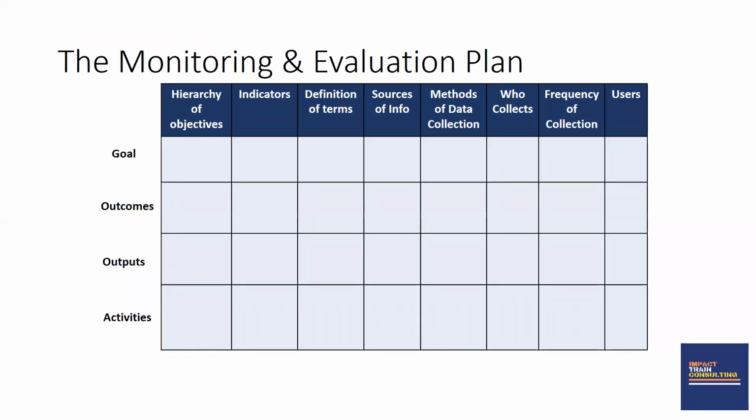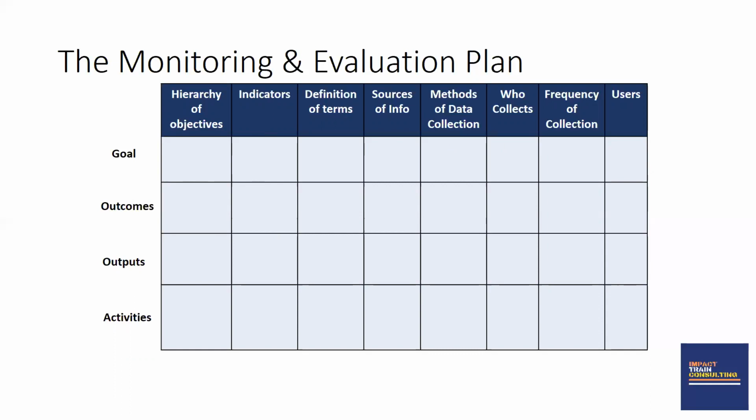A typical monitoring and evaluation plan would have a column for hierarchy of objectives, the indicators, the definition of terms, the sources of information, the methods of collection, who will collect, frequency of collection, and users. The hierarchy of objectives column and the indicators column are lifted directly from the logical framework without making any change to it.